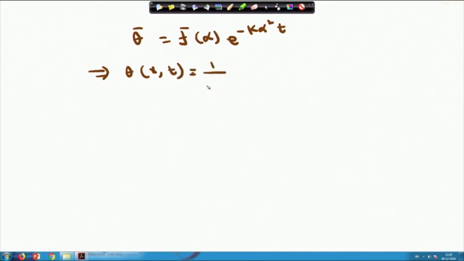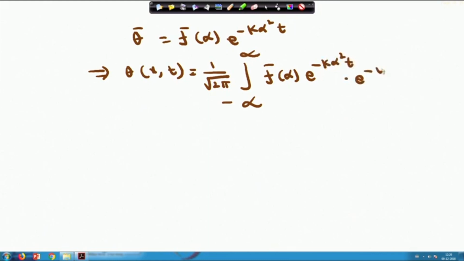This equals 1 by root over 2 pi integral from minus infinity to infinity of f bar alpha e power minus k alpha square t into e power minus i alpha x d alpha. If f bar is known to me, then I can evaluate this integral. By this way we can find the value of theta x t.